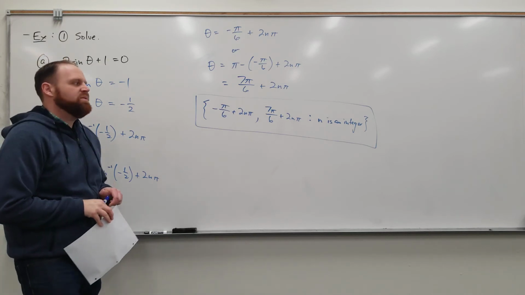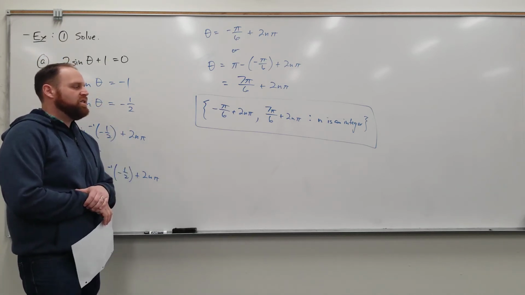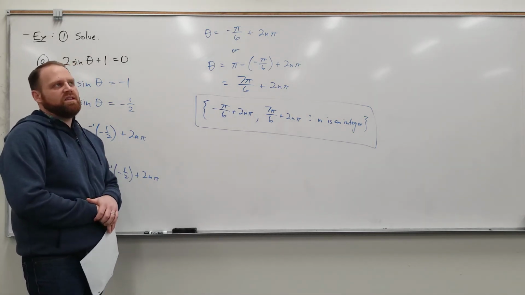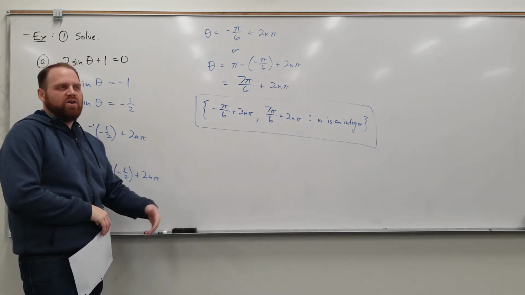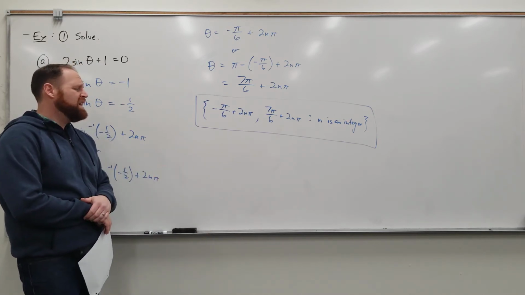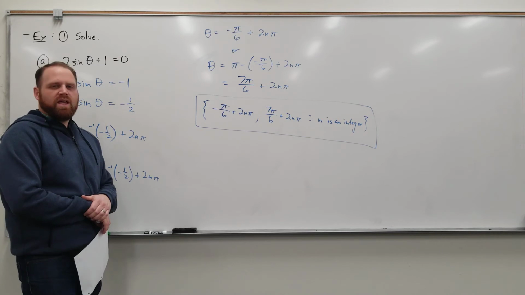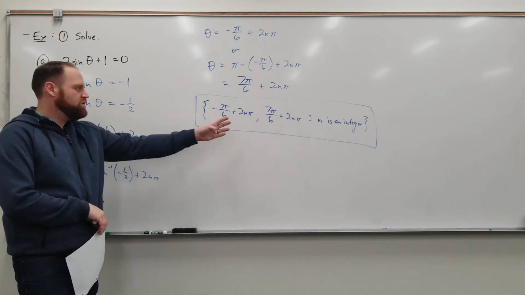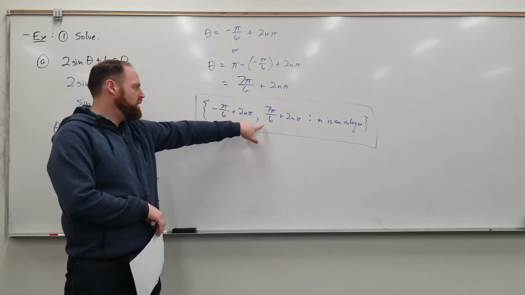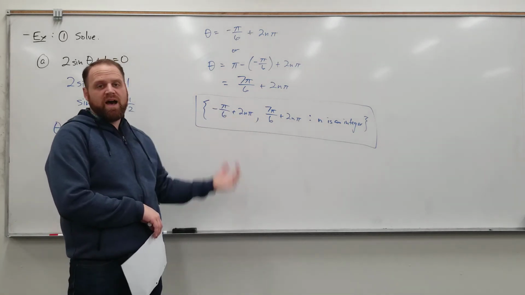Now, oftentimes, you're not necessarily interested in finding all of the solutions. You only want to know the solutions that live between 0 and 2 pi, or that live between 0 degrees and 360 degrees, or whatever, right? If that were the case on this problem, if we wanted to know, well, which of these solutions, right? This describes infinitely many solutions. Which of them live between 0 and 2 pi?